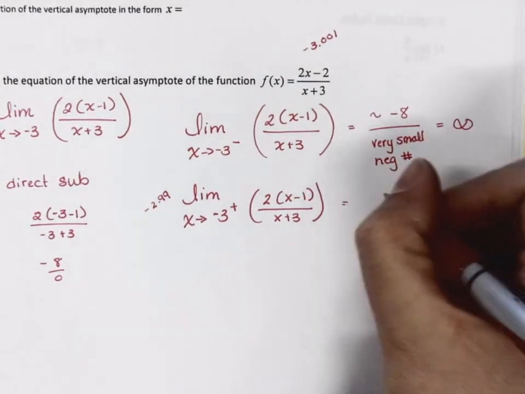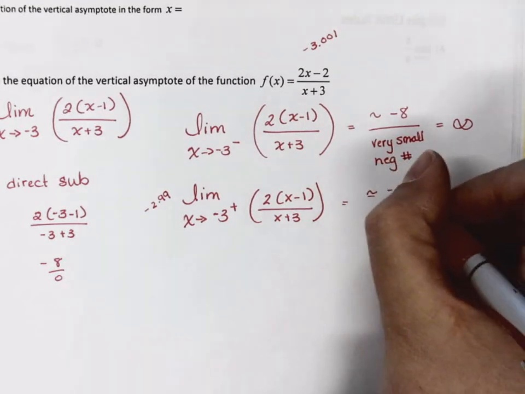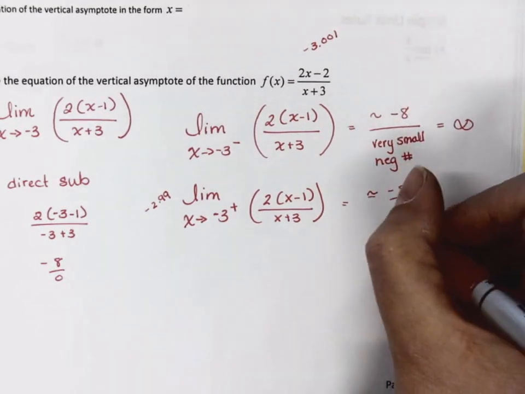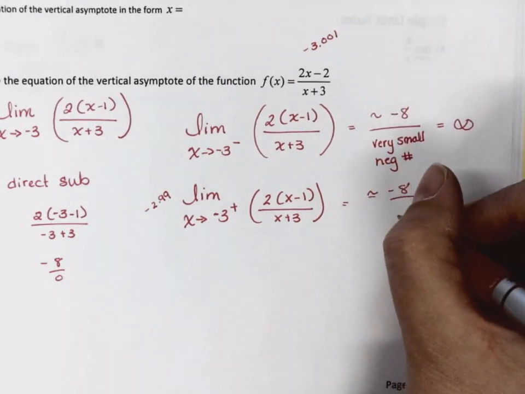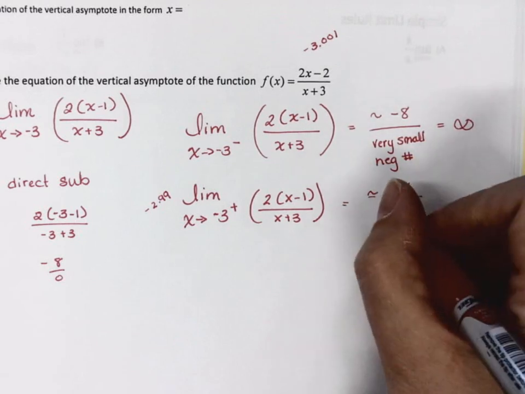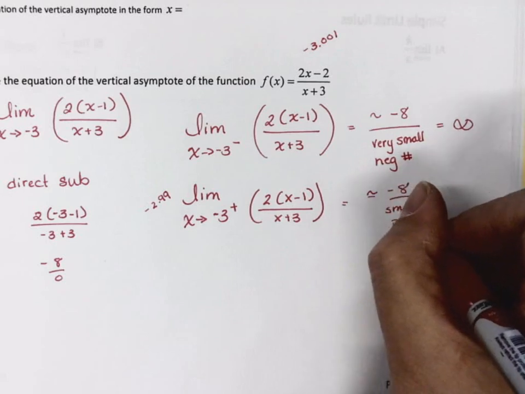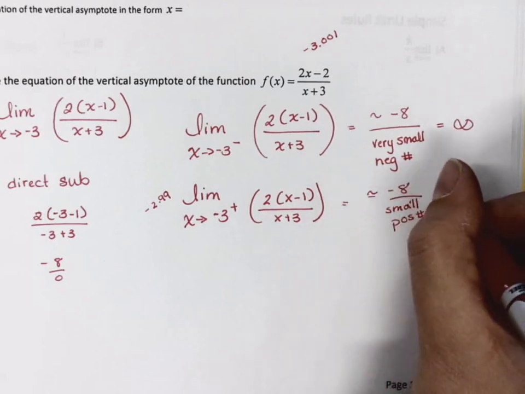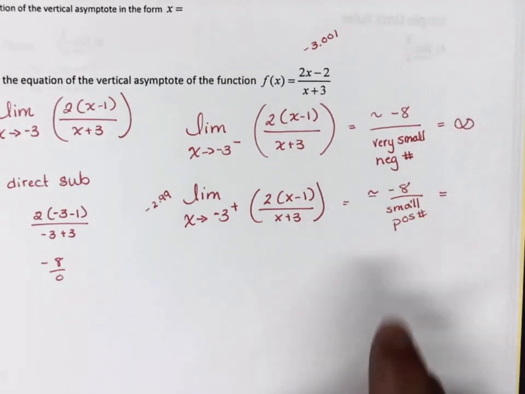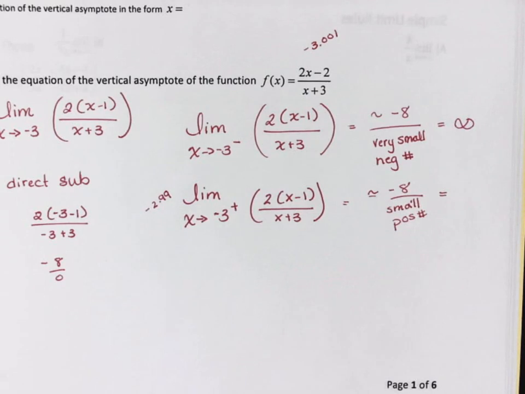Again, on the top, it's going to give us approximately -8. And then on the bottom, it's going to give us a small positive. So if it's -8 divided by a small positive number, where am I headed to?